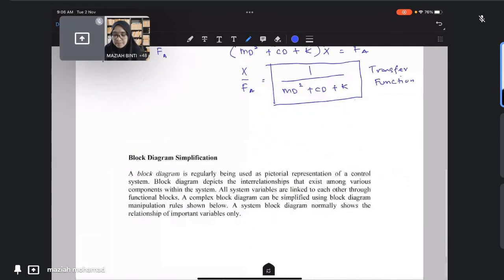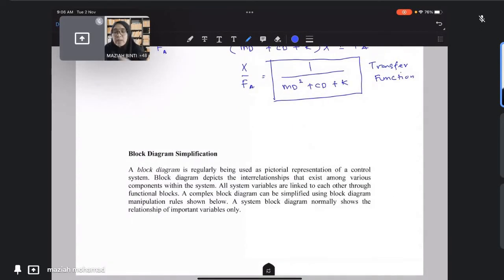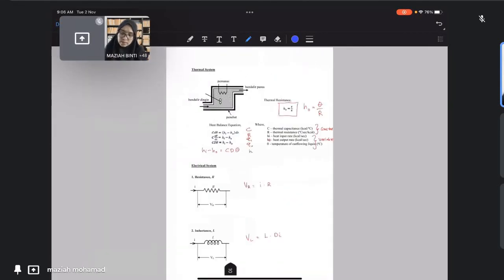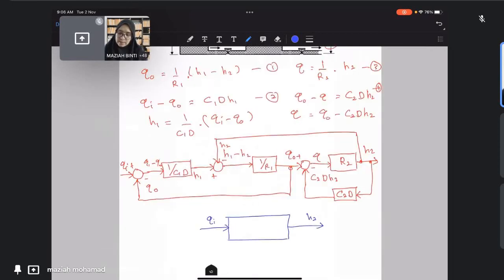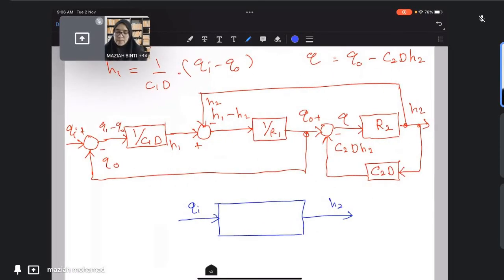Right. So now we're going to get the final transfer function based on the block diagram that we have drawn. For example, this block diagram, as I explained before.